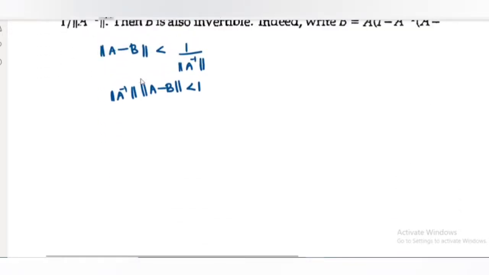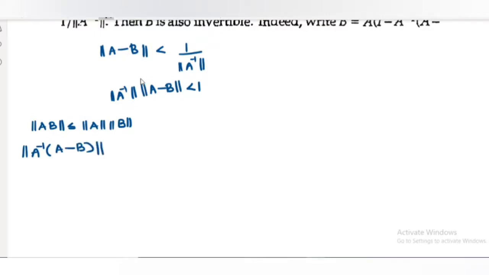We have norm of AB is less than or equal to norm of A into norm of B. Therefore norm of A inverse into (A minus B) is less than or equal to norm of A inverse into norm of A minus B, and this is strictly less than 1. That is, norm of A inverse into (A minus B) is strictly less than 1.